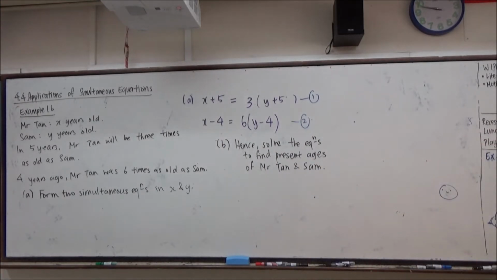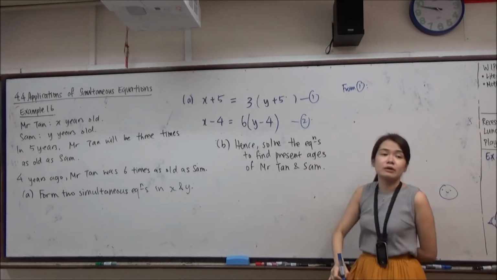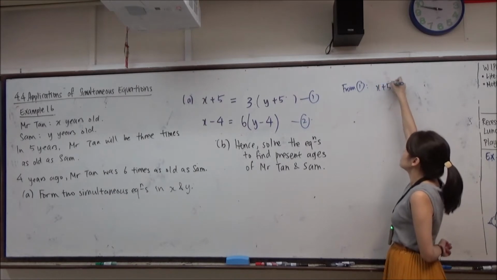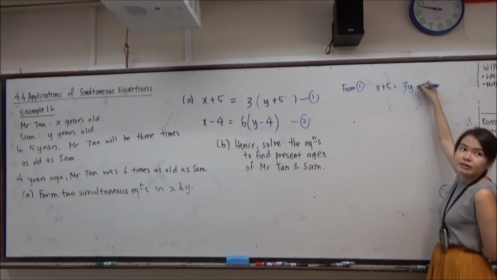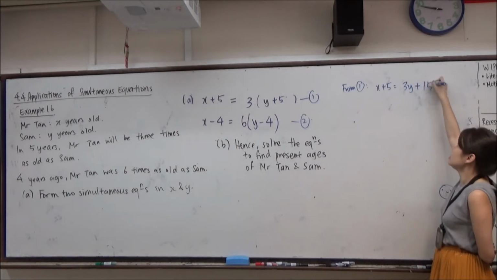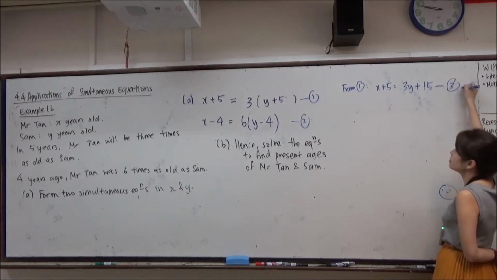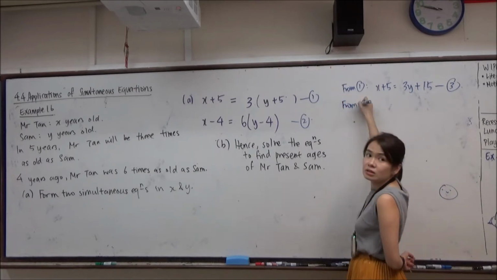From 1, okay, you will take something from 1. So what will you do from equation 1? X plus 5 equals to 3y plus 15, okay, then after that, label this equation 3, fine, then from equation 2, are you doing the same thing?